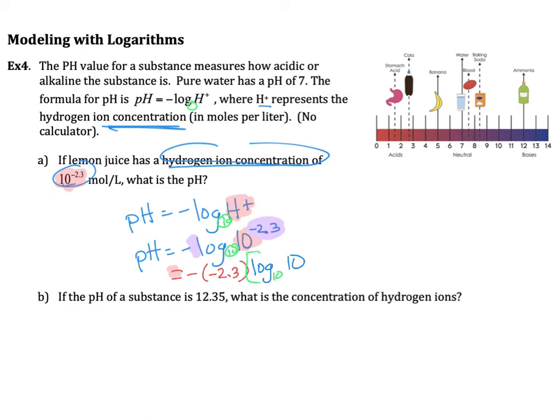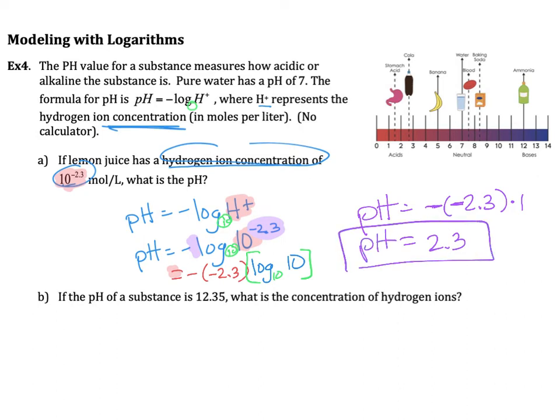And what is log base 10 of 10? Hopefully you're saying to yourself, that's just 1. And so my pH is equal to negative 2.3 times 1. Well, a double negative is just positive 2.3. So what is my pH level? It is 2.3.